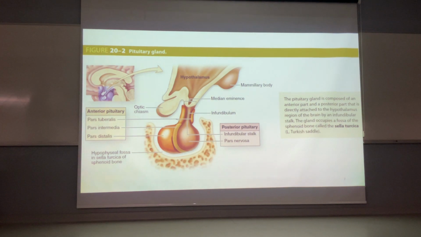These two parts have two different origins. The neurohypophysis originated from neural ectoderm, but the adenohypophysis originated from the oral ectoderm.